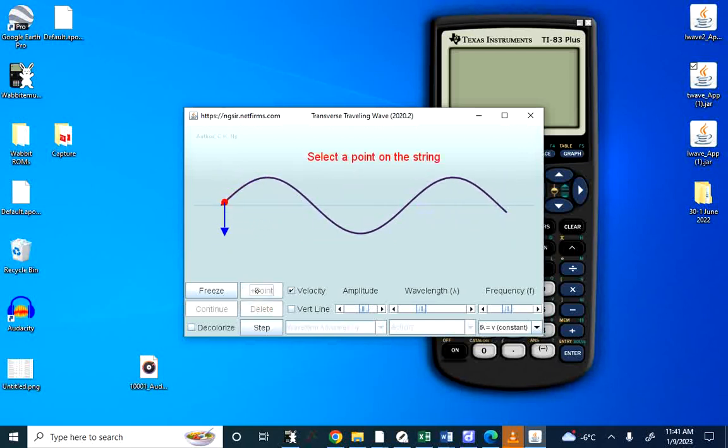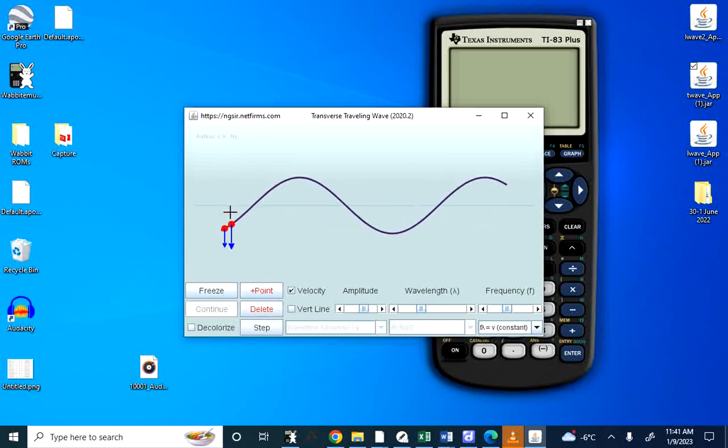If I add a point right next to it, the reason why that point goes back and forth with the same frequency is the medium is connected there. And the reason why that point is sometimes a little behind and sometimes a little above the other point is it takes a short period of time for that energy to transfer from Timmy to Sally, or whatever their names were. Are you with me?